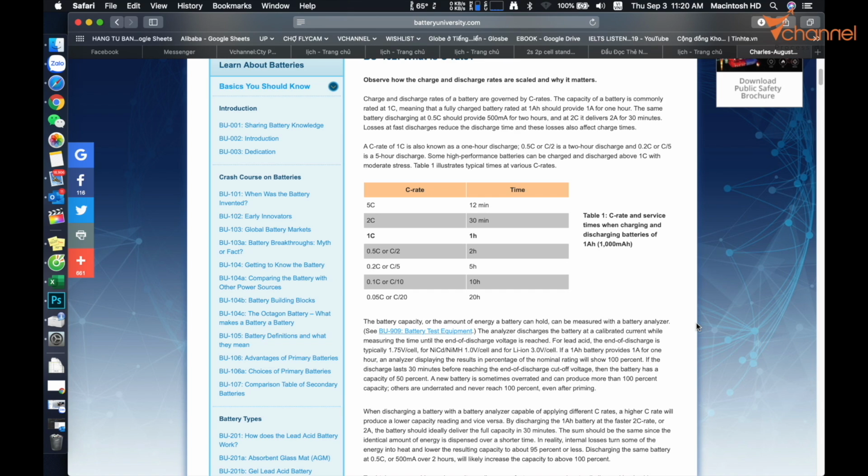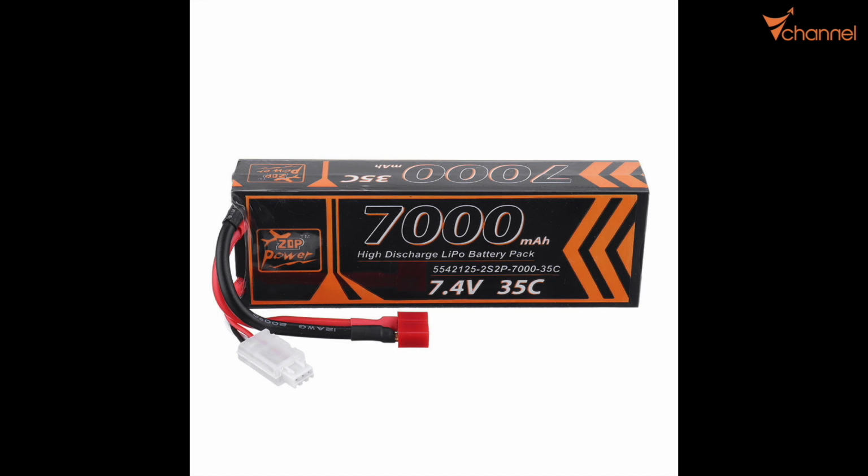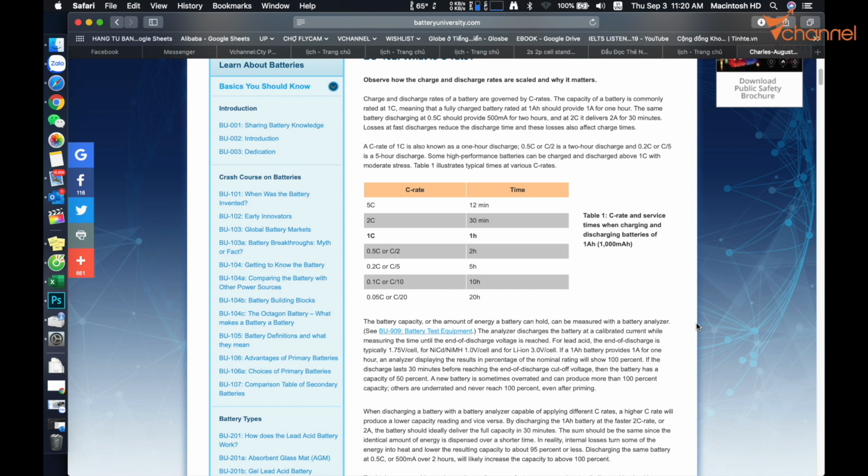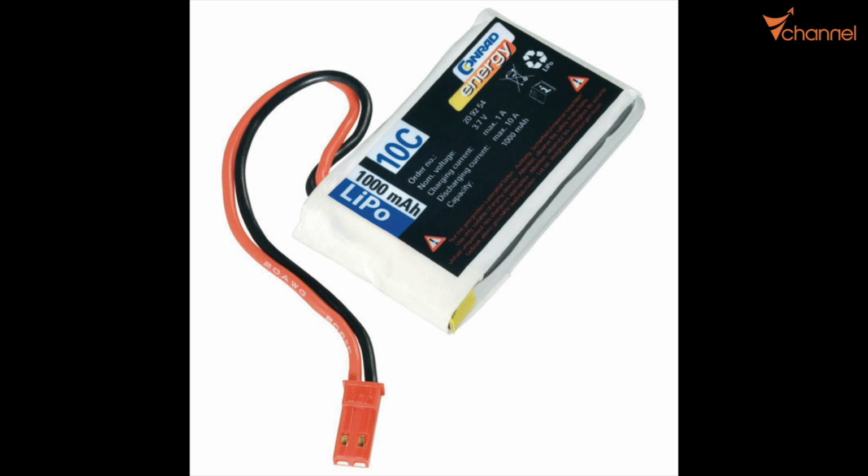Next is charge rate and discharge rate. You can usually see 1C, 10C, 70C, 100C, that's the discharge rate. 1C is 1 times capacity, 10C is 10 times capacity, etc. This is the maximum electric current the battery can discharge. For example, I have a battery of 1000 milliampere hours with a discharge rate of 10C.